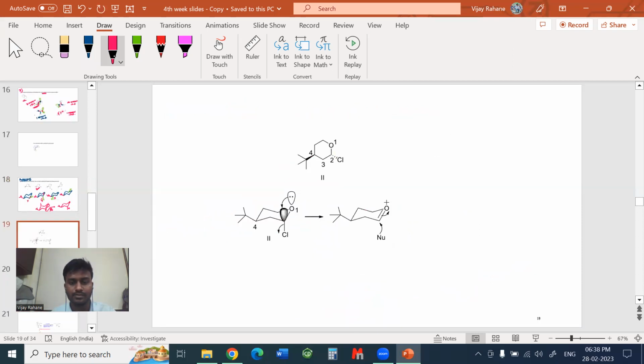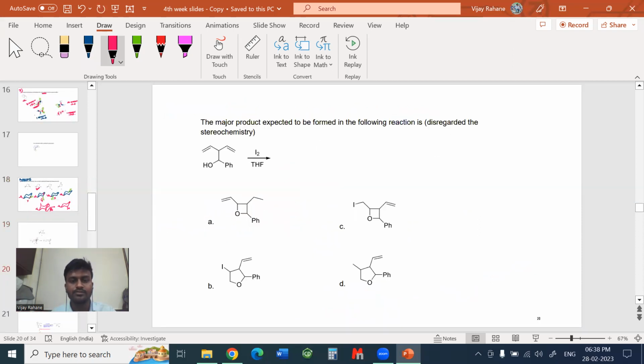I will solve the next problem. The major product expected to be formed in the following reaction is... disregard the stereochemistry, meaning don't consider stereochemistry for this problem. Just answer which product is formed as the major product.